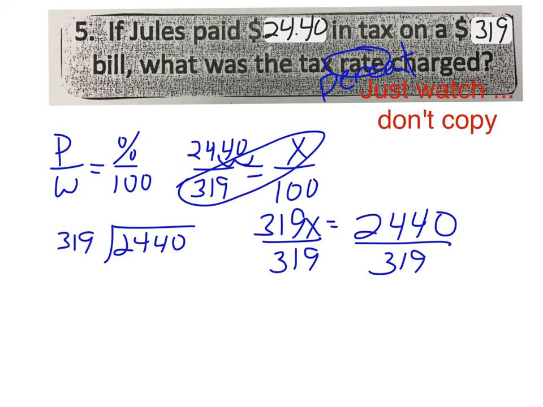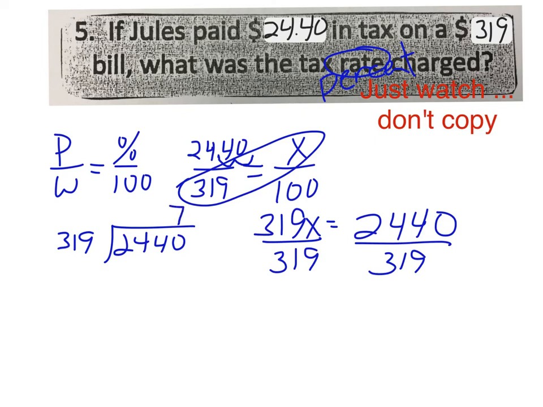So 319 is not going to go into 244, but it will go into the 2,440. So let's get that divided out and see what we get. I'm looking at 300, and 300 goes into 24 8 times, but this is a lot, so I'm going to go with the 7.